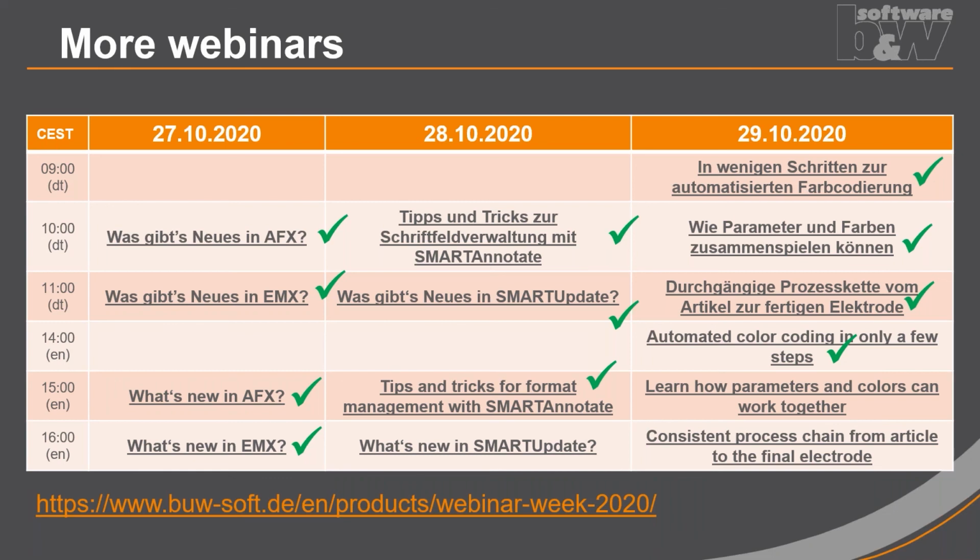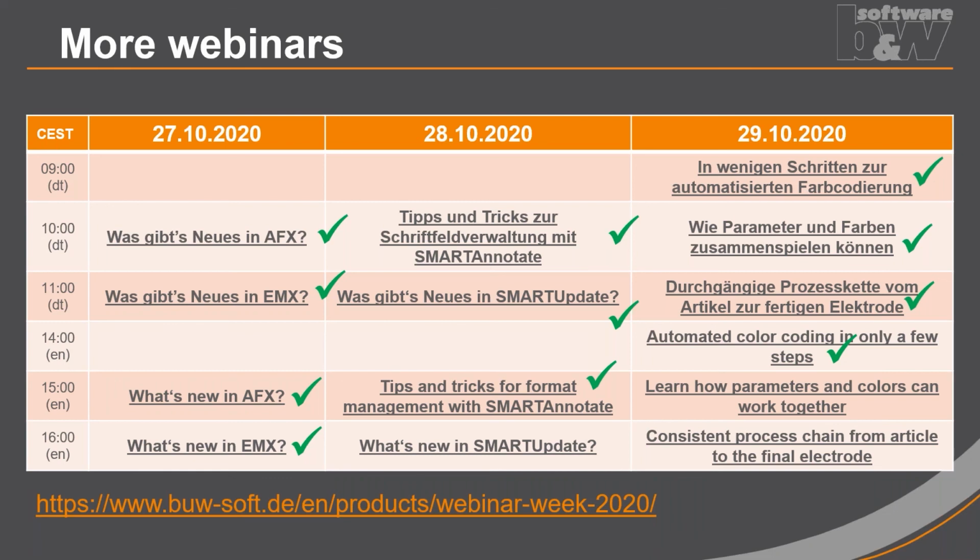So this will focus a little bit more on the value of the parameters. And finally, we'll have another webinar in the process chain, and this will show how the color and the process information even flow into the final electrode design.